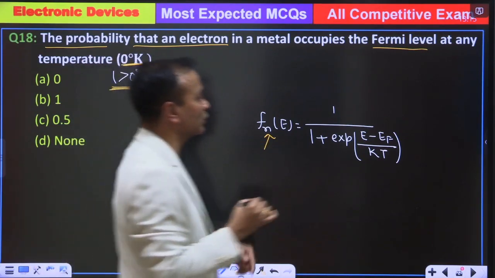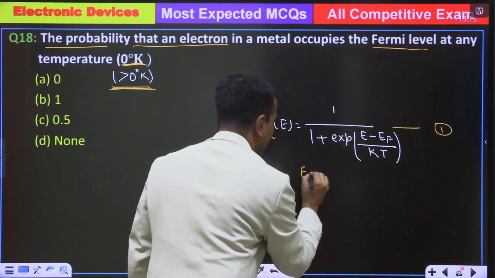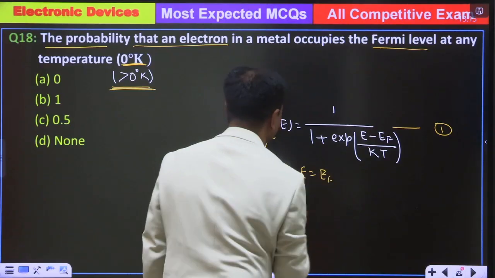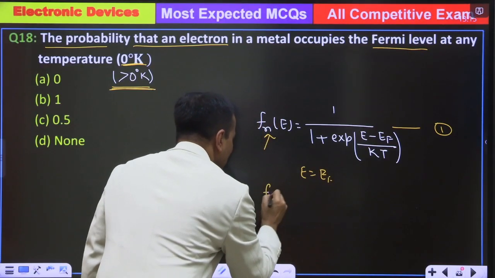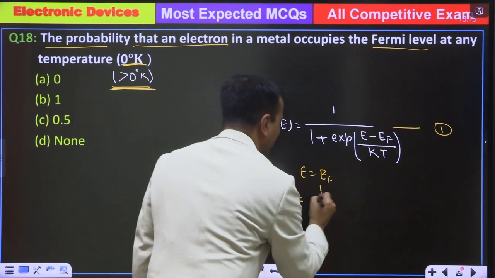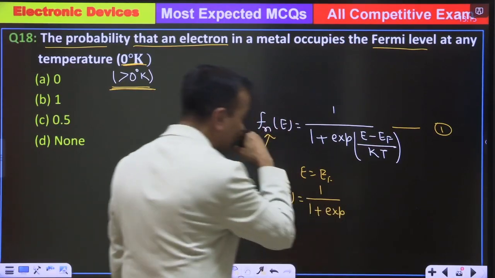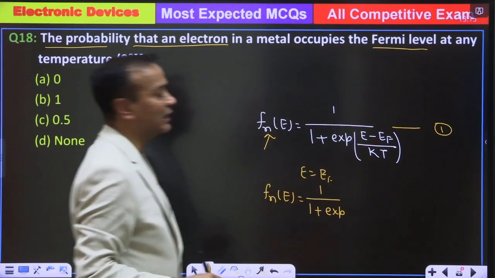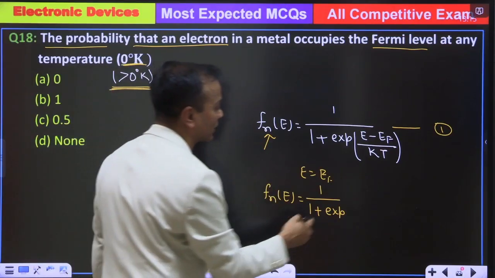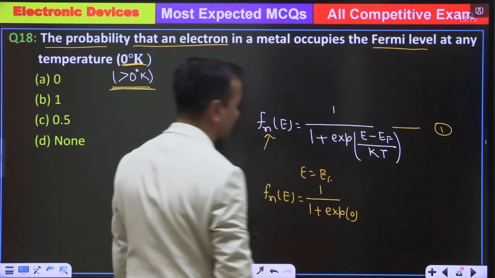So if you substitute in this equation 1, E is equal to EF, then what will you get here? This F(E) is equal to 1 by 1 plus exponential. If you substitute E is equal to EF, it will become 0 by kT, so that will become simply exponential 0.